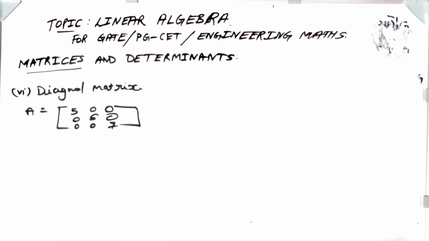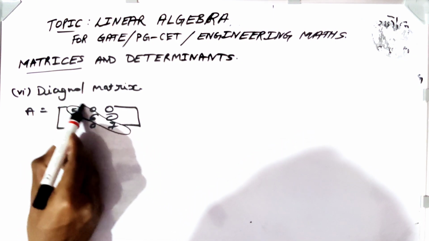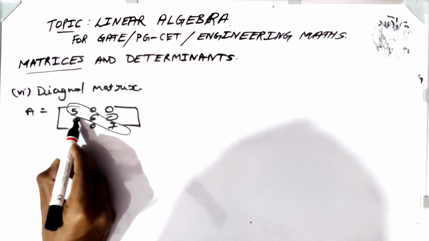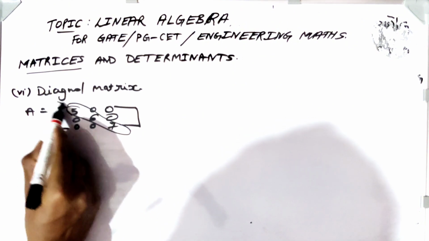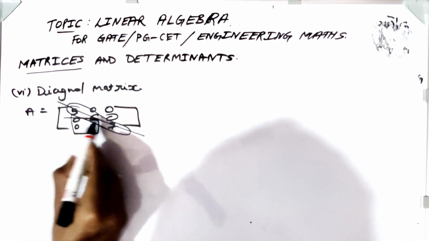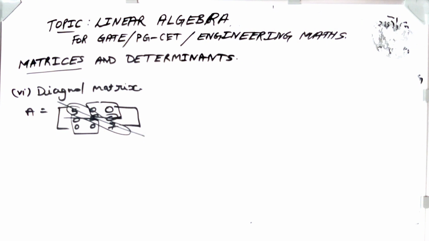The condition for a diagonal matrix is that it should be a square matrix and all the entries other than the diagonal elements should be zero. This type of matrix is called a diagonal matrix.